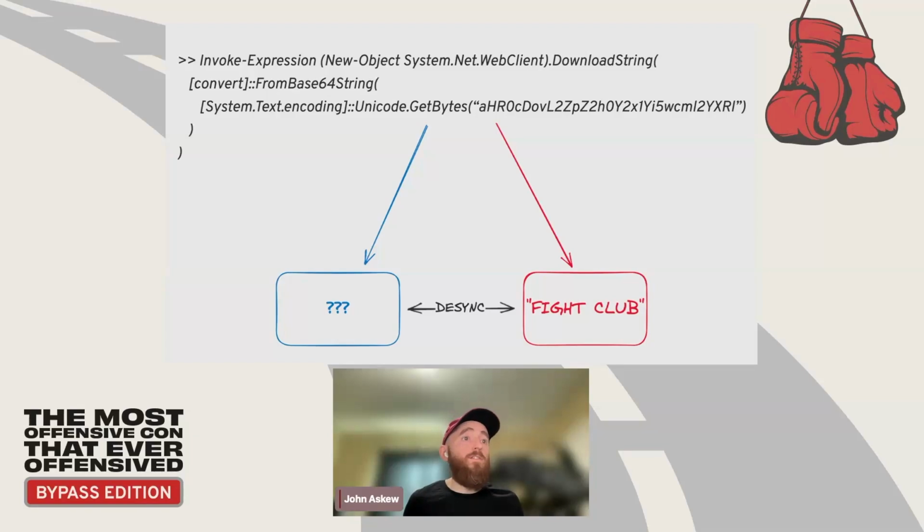PowerShell is going to do fine with it and download the message, but AMSI or some other inspection engine may not be able to tell what that's actually going to evaluate to. So it has to just give it the green light. Again, a desync between security control and the production system.